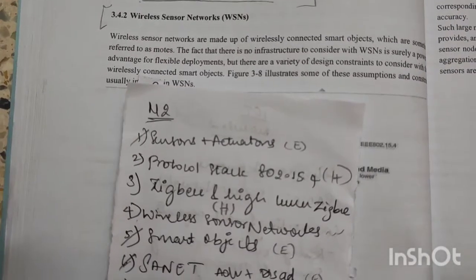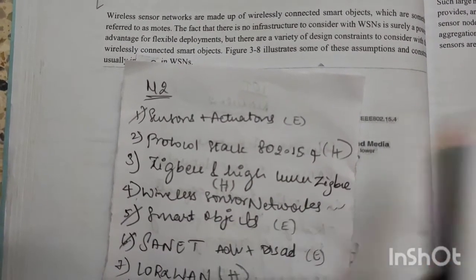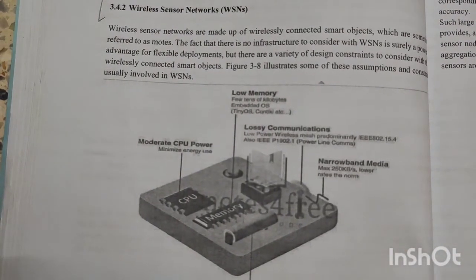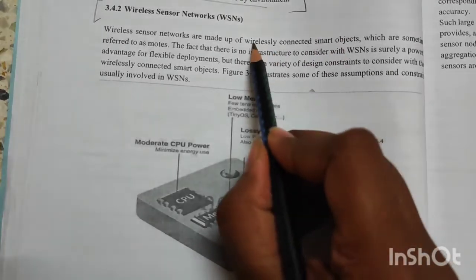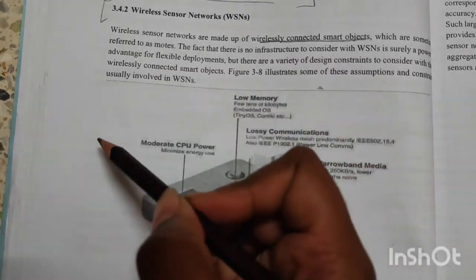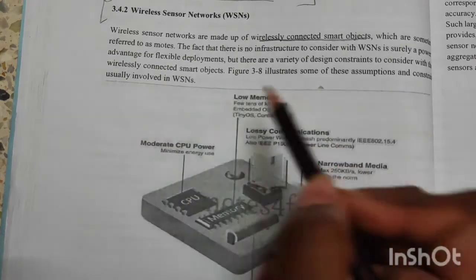So the last part of these easy questions is wireless sensor networks. A wireless sensor network is made up of wirelessly connected smart objects. In the previous ones, you either had a wire or wireless connection.